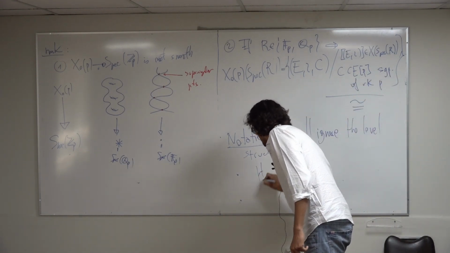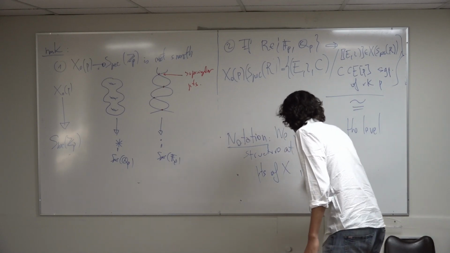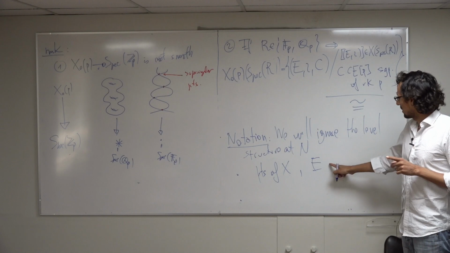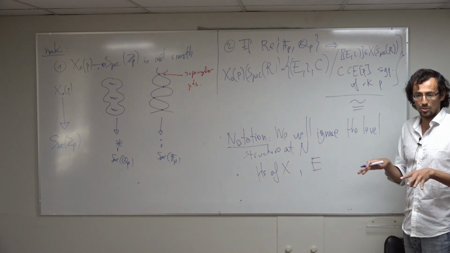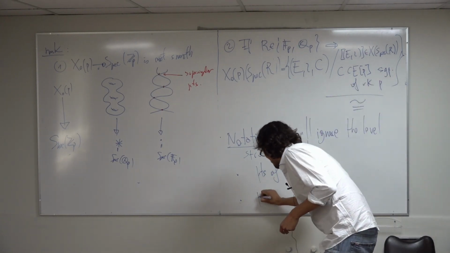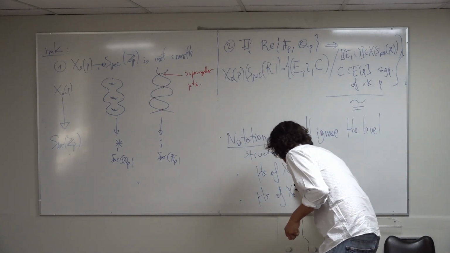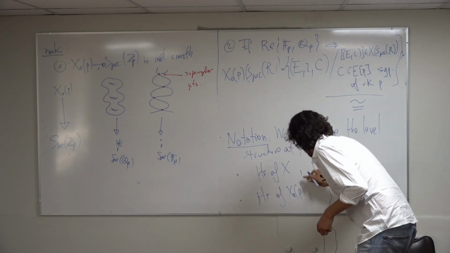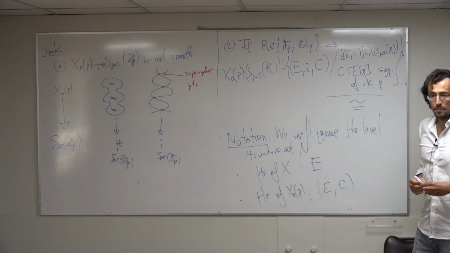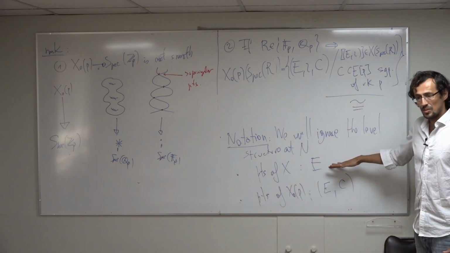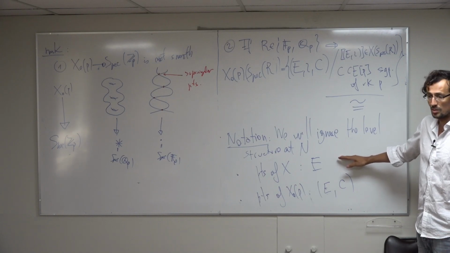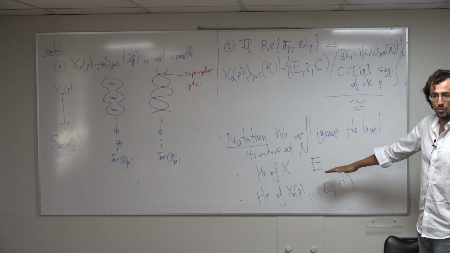We will think points of X will be just elliptic curves, which is false. We need the structure of n, but we will not touch it during this work. We will just touch the structure at p. Points of X_0(p) will be the elliptic curve plus this subgroup C. But behind everything there is this structure of n, which is very important to have the moduli description. If not, it doesn't make sense. It's just not useful, so I would ignore it.